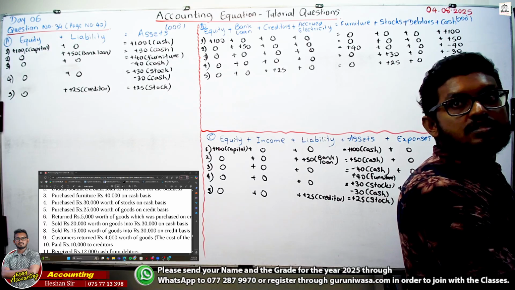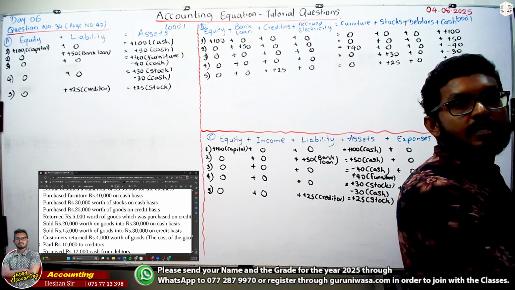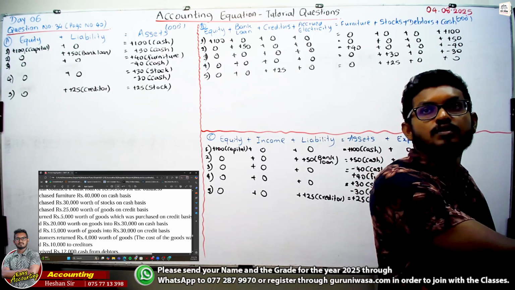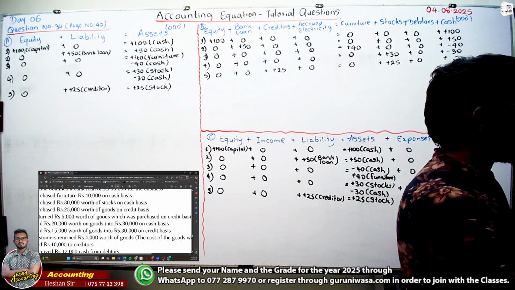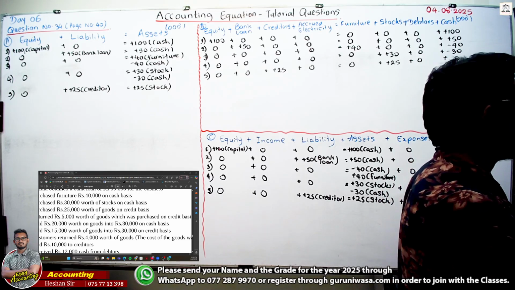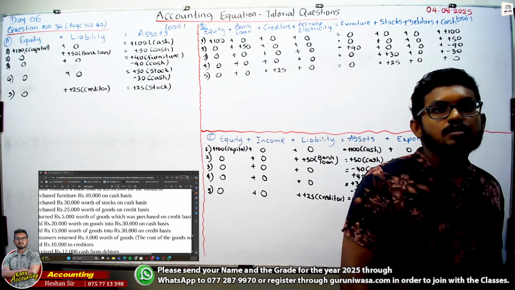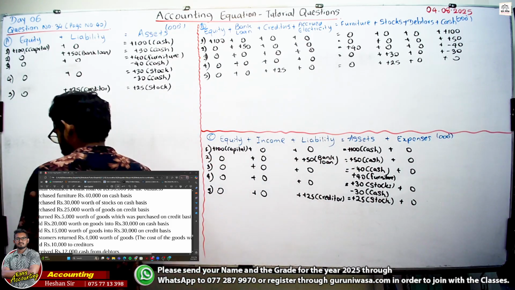Number six. Return 5,000 worth of goods which was purchased on credit basis.